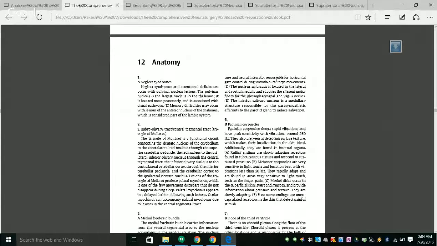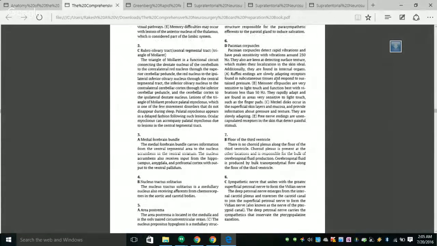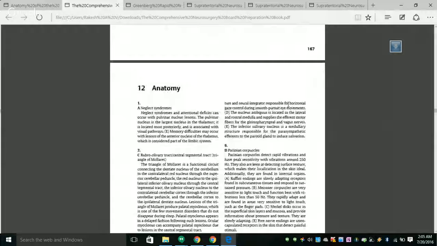I always have this habit of keeping a mnemonic, like H for H, P for P, as I told with P for P in posterior pulvinar thalamic nuclei. Now here I go with H for H: hypoglossi is associated with horizontal gaze. Great mnemonic. Yes, horizontal.